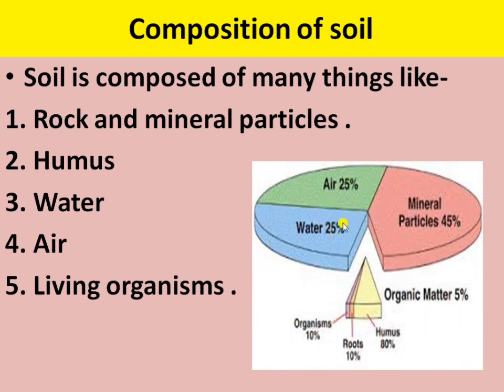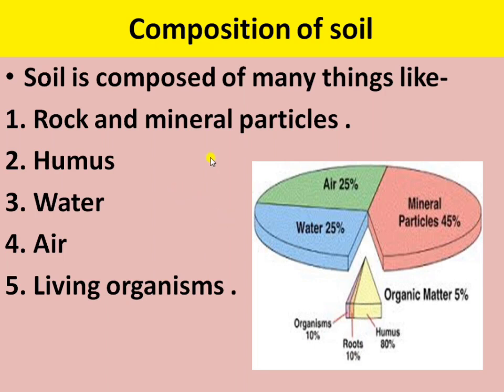This is the picture of the composition of soil. Here you can see that air is 25%, water is 25%. Most of the soil is mineral particles, that is 45%, and organic matter is 5%. In organic matter, humus, roots and some living organisms are present.